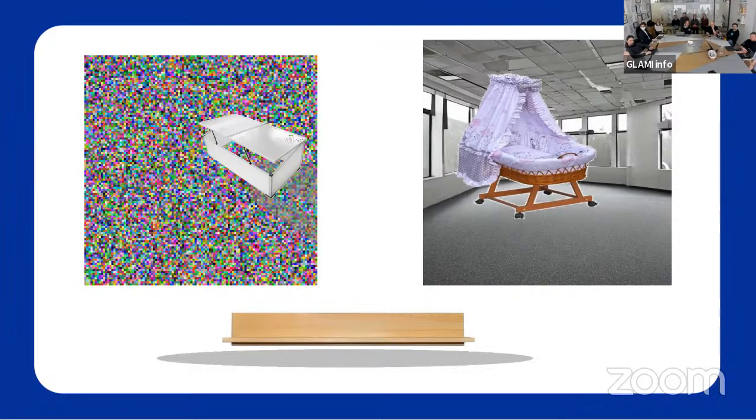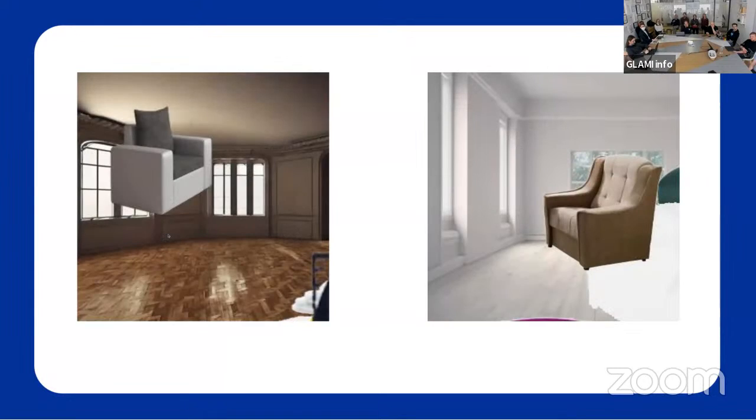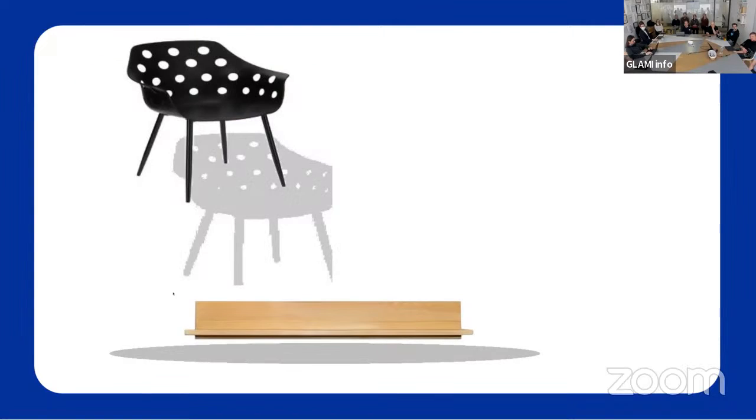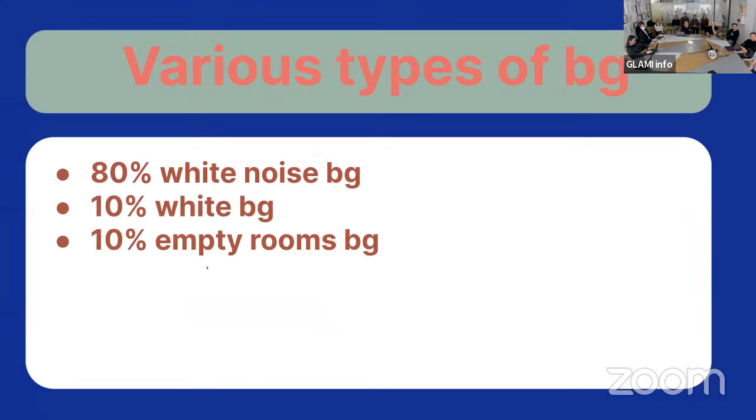So when you train the model on the nastiest thing possible, then it should be brilliant on everything else, right? We shift the position. We have funny flying armchairs in an empty room. Why not? And for the shadow, we had two types of shapes.